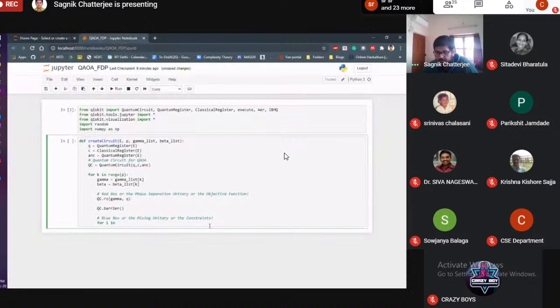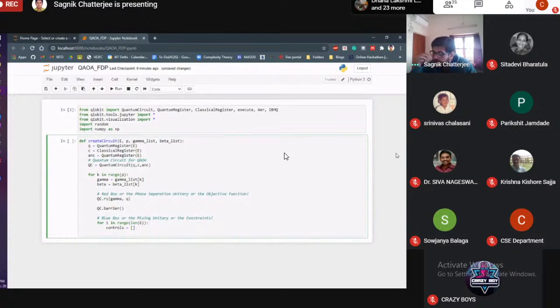So for i in range length of E. Since E is a list, we are taking the length of the list, which is nothing but the number of edges, and we are defining a controls array. This controls array will be taking each edge and seeing what edges are adjacent to it.